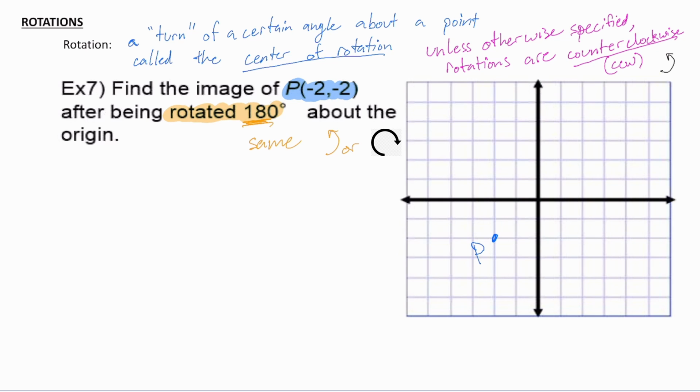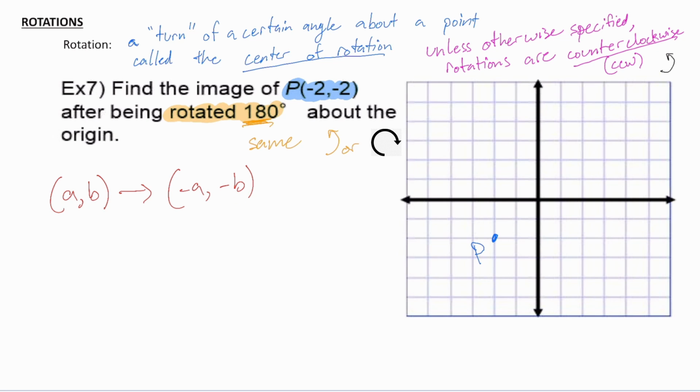So our shortcut for 180 degrees is if I have some point, we'll do this in red, at (a, b), you could also use x and y, then where it's going to go, that's what this symbol means, we're performing the transformation, describing how this is changing, they are going to go to (-a, -b), which means the opposite of a and the opposite of b.